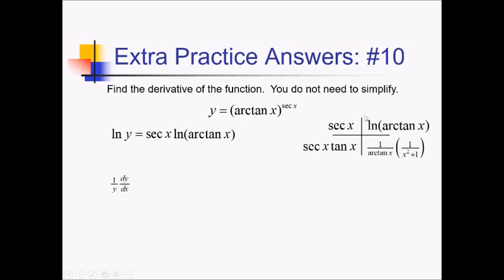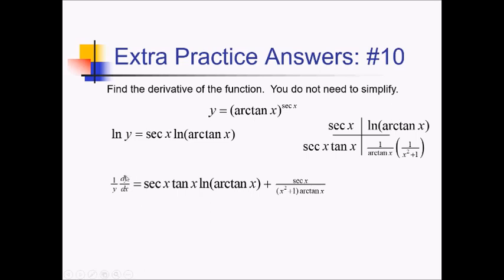So multiplying all of this out using the ribbon pattern here, we've got secant of x tan of x times ln of arctan of x. All that stuff is u prime v, plus now the uv prime part, we're doing secant of x over arctan of x, x squared plus 1, all that stuff. We still haven't actually got the derivative though. We need to get dy over dx by itself.